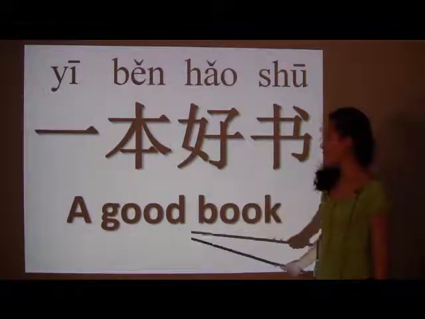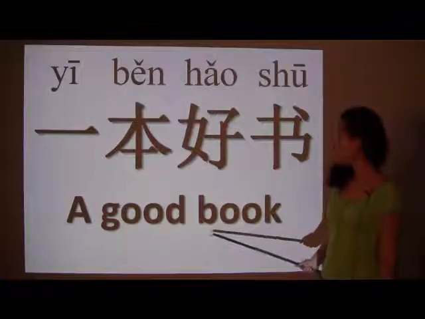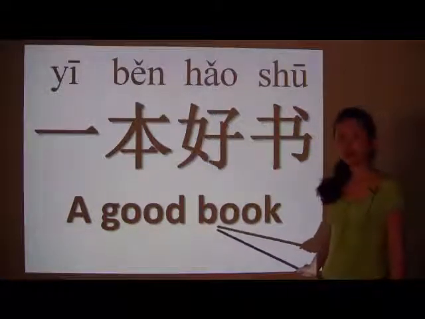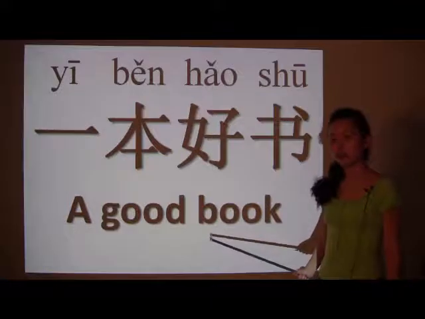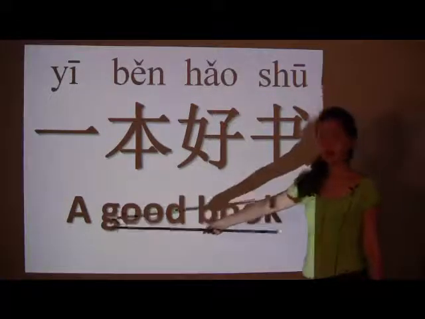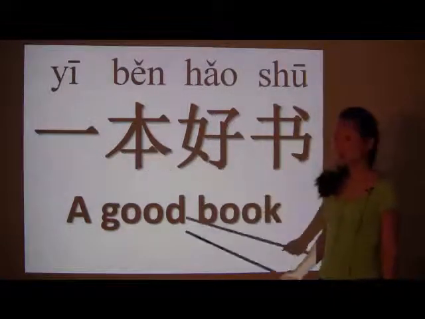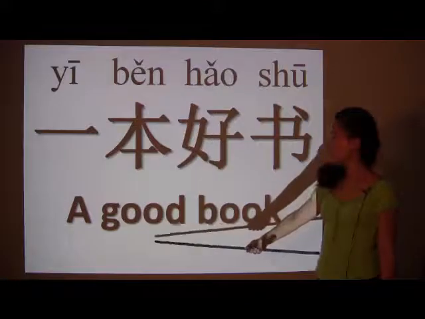So when you look at this English and you try to translate it into Chinese, first thing you notice, book. What article is that? Well, for book, the article is 本. How many? 1. So 一本. And now you have the adjective, good.